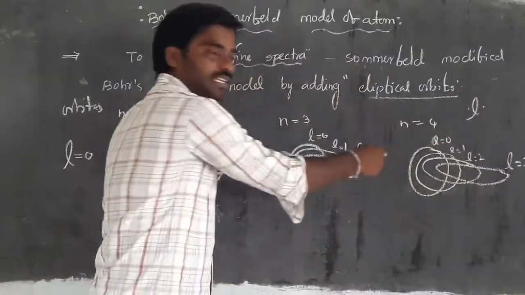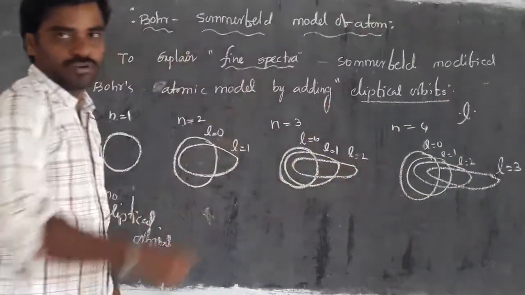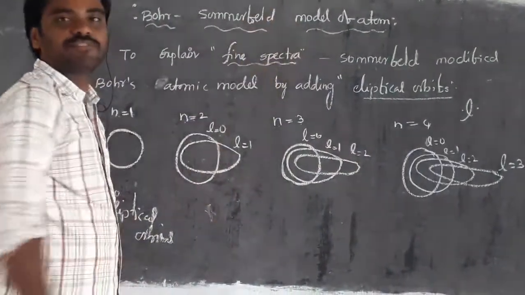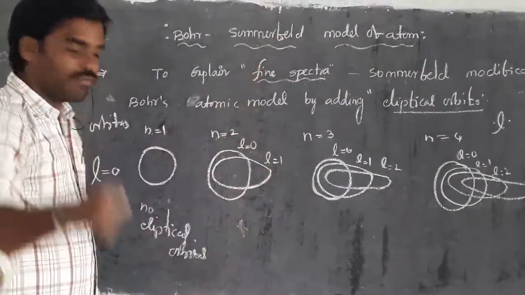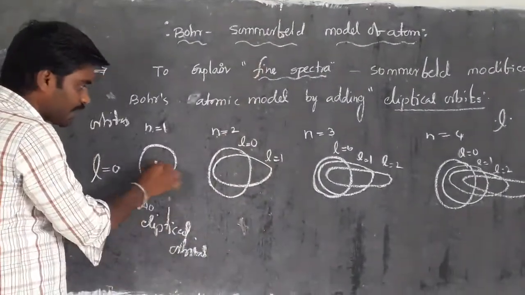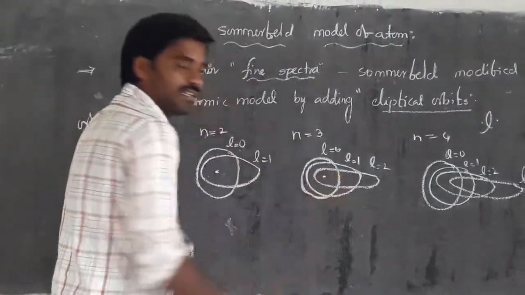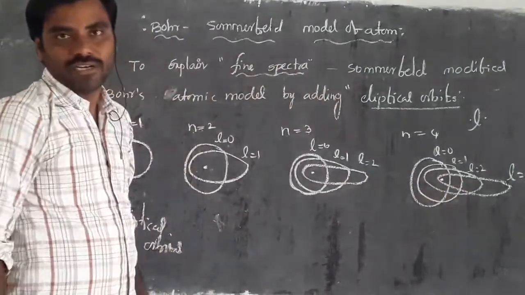Due to this, when the electron is revolving in this elliptical orbital, it causes fine spectra. So that is the assumption of Sommerfeld. Moreover, each elliptical orbit has a foci, means a central point, right?